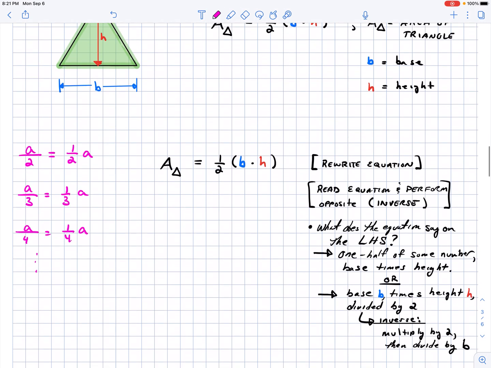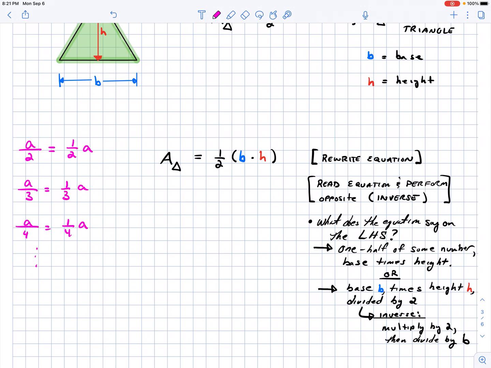So what does the equation say? Well, on the right-hand side, that should have been 1/2 of some number, base times height, or base b times height h divided by 2.